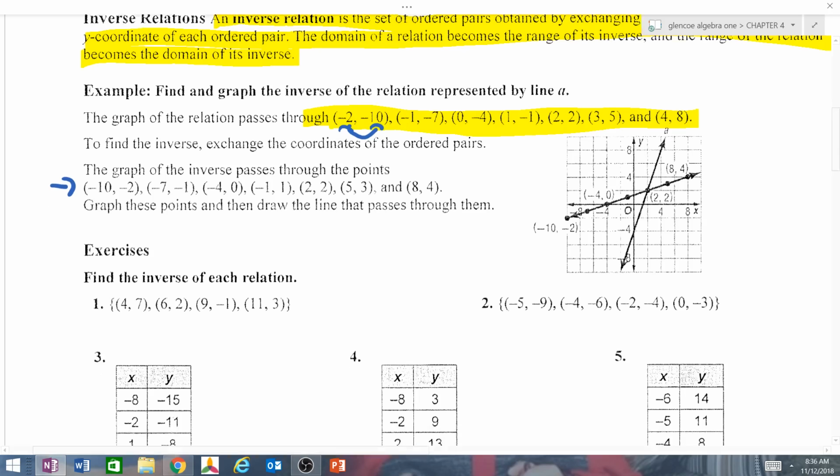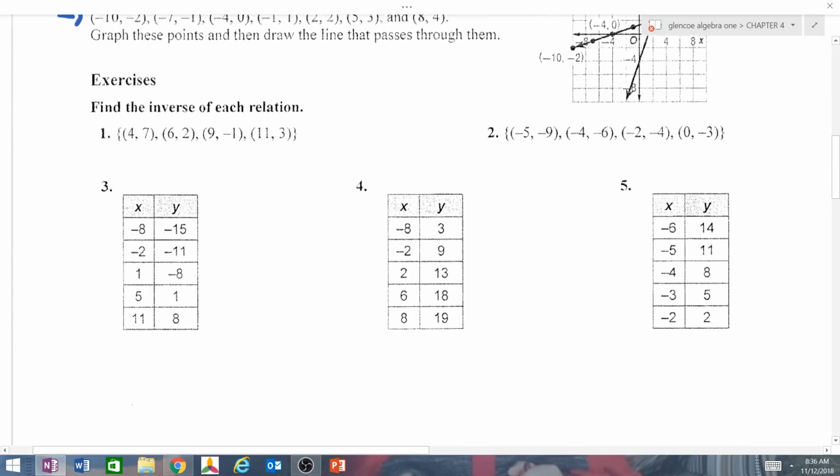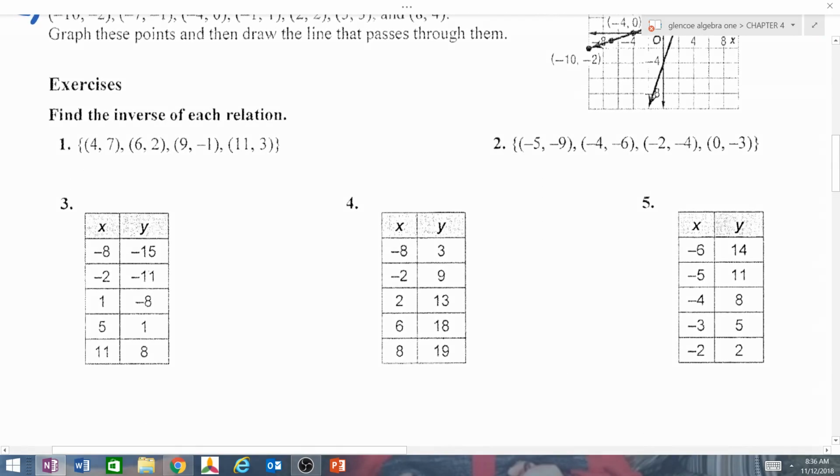Okay, all right. So if I asked you in number 1 to find the inverse of the relation, let's do number 1 and number 3 real quickly.